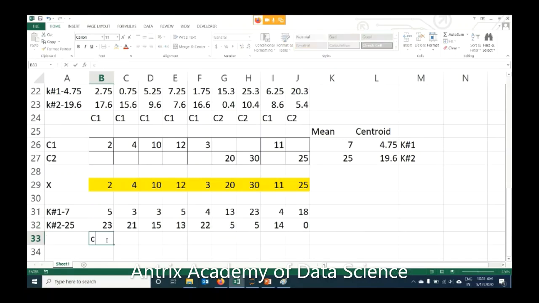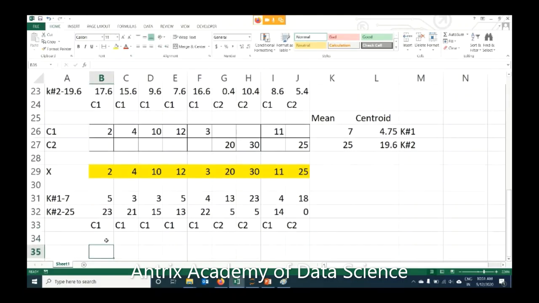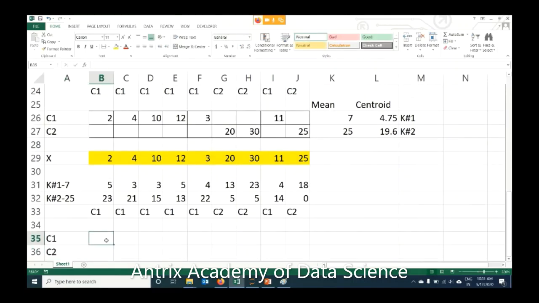So when I make the clusters, this belongs to K1, this is again K1, K1, K1, K1, K2, K2, K1, K2. So let me take this grouping first, C1, C2 grouping. This is C1 value, C1, C1, C1, again C2, C2, 11, sorry, this is here. I'll take up C2, this 25.